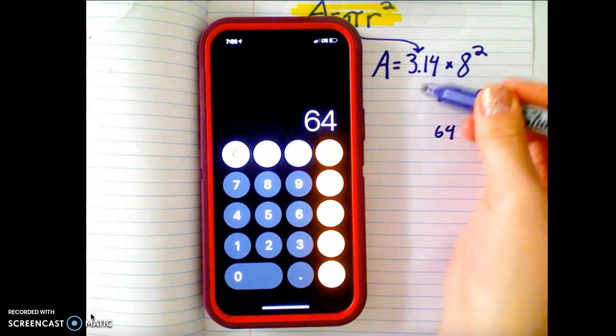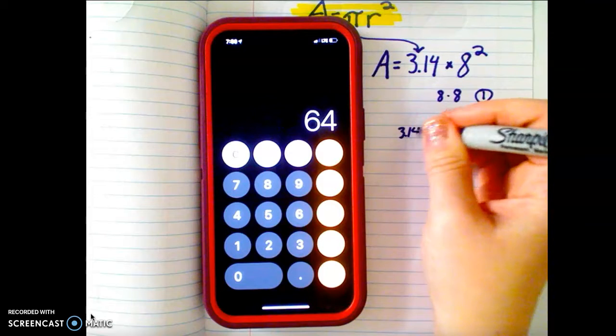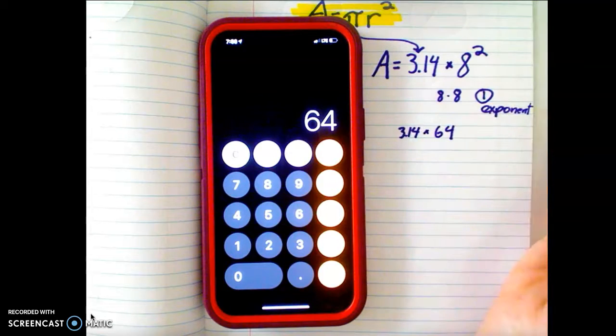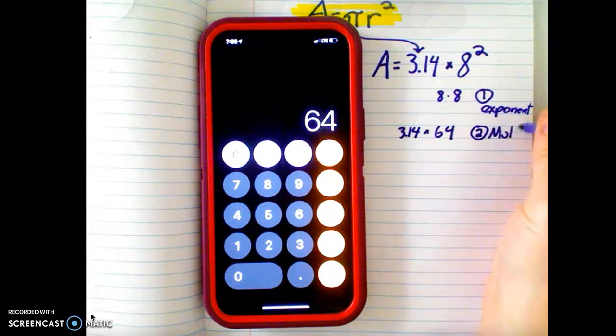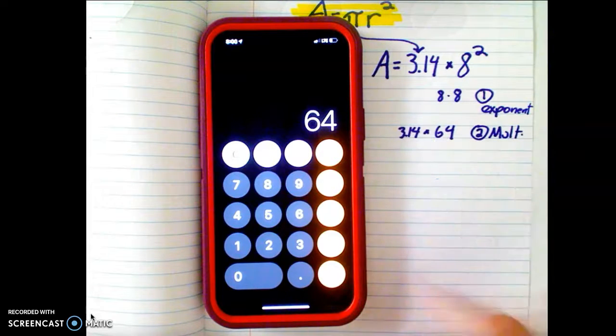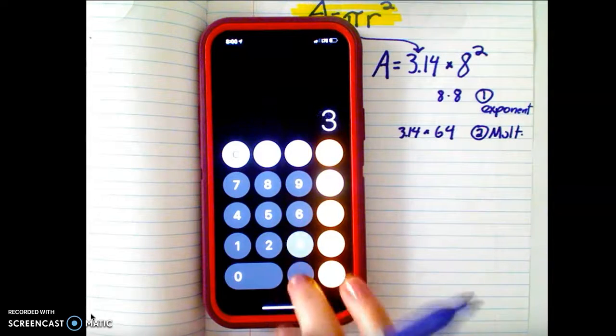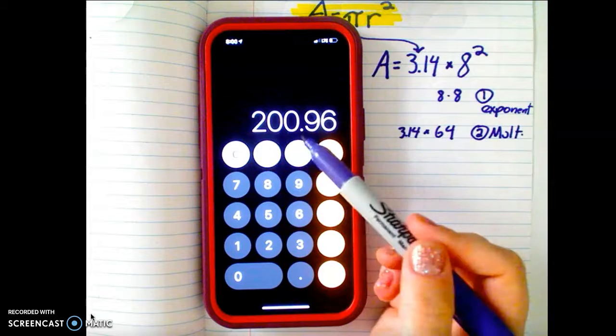I still need to bring down and multiply pi, or 3.14. Okay, so that'll be our second step, will be to do the multiplication. Multiply. I need to do 64 times 3.14. And I get 200.96.